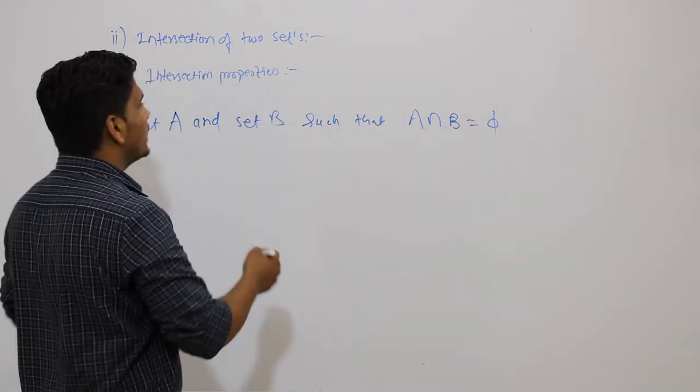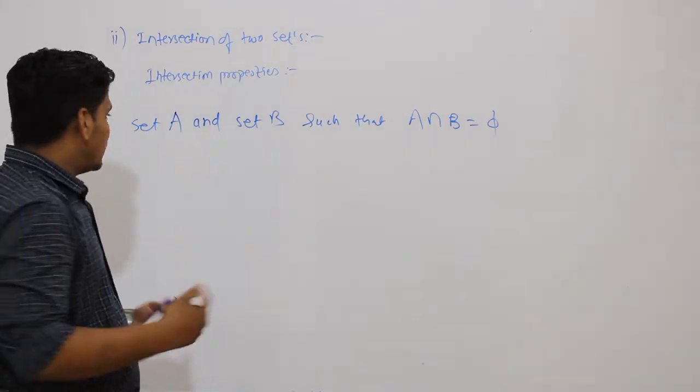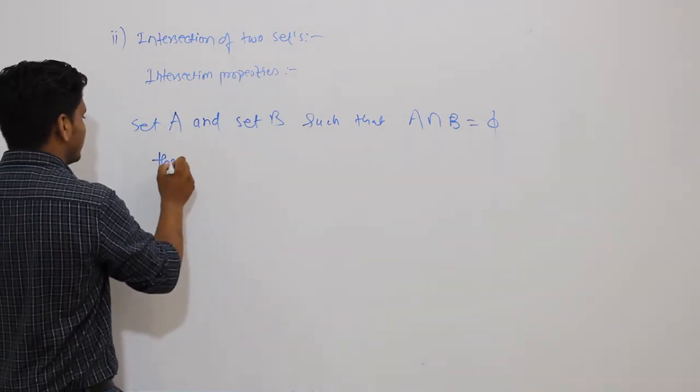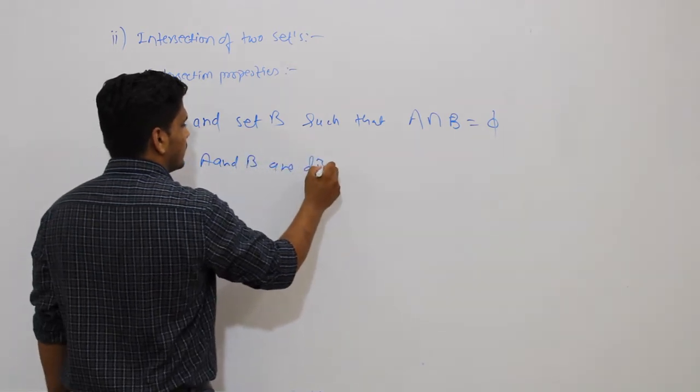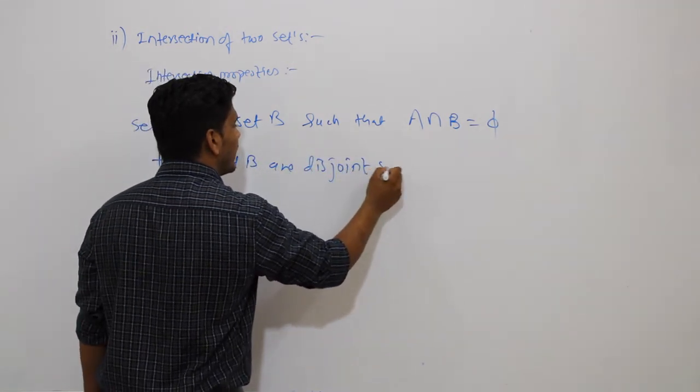That time you say A and B are disjoint sets. Then A and B are disjoint sets, right?